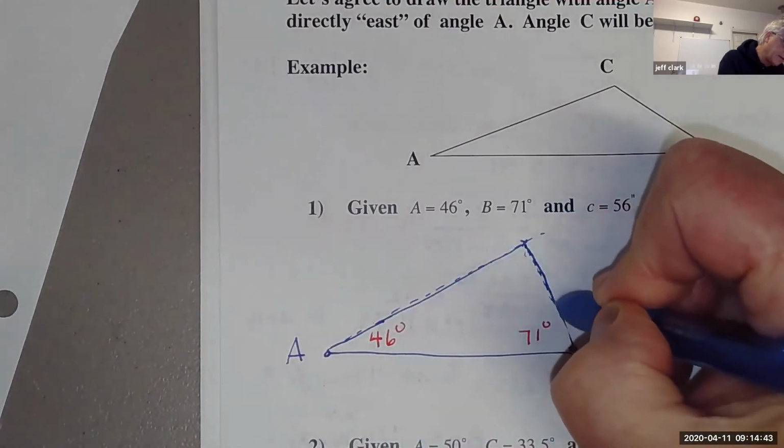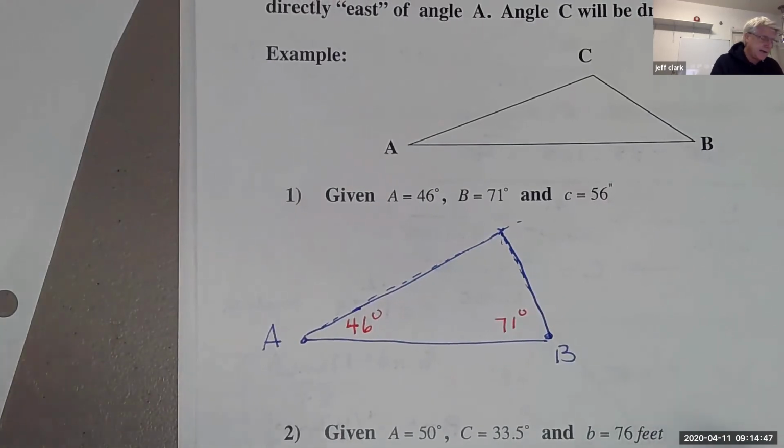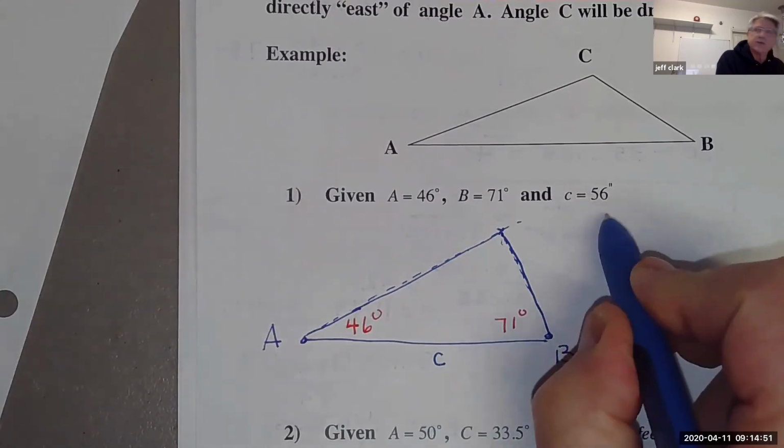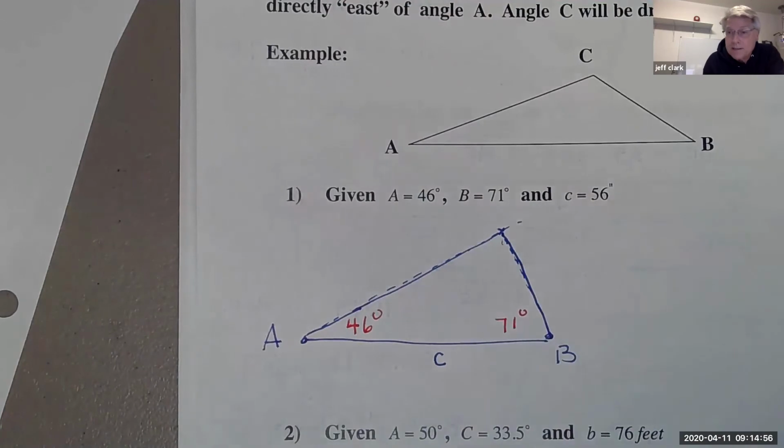Now I've got a triangle based on what I was given. And little c is 56. Those two tick marks right there, that's not a degree for those of you that are wondering. We're going to call those inches.